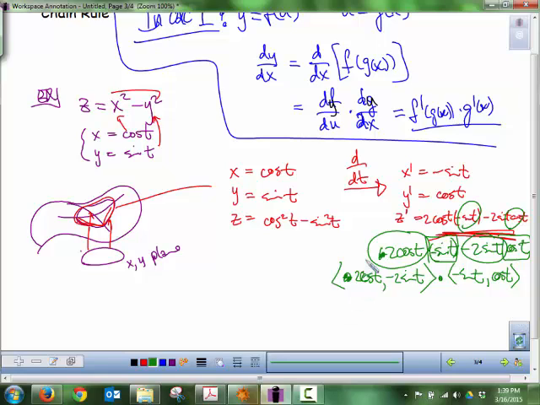And what's 2 cosine t? This is really 2x, where x is equal to cosine t, and negative 2y, where y was actually equal to sine t.